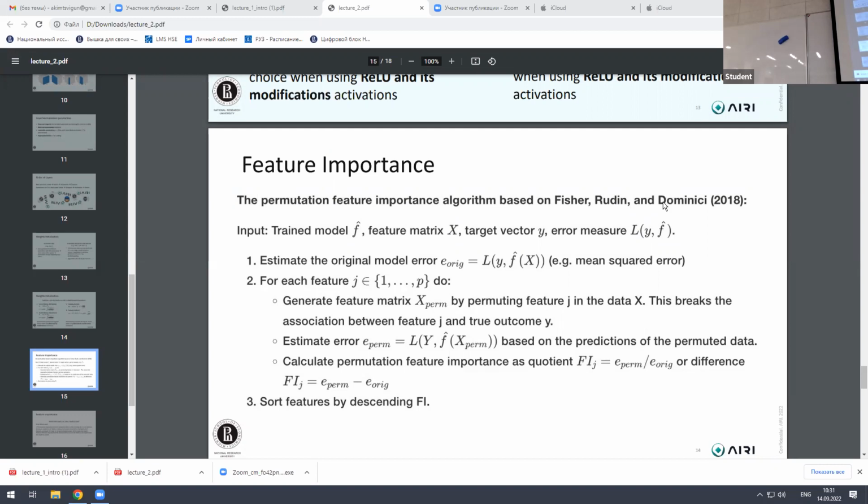Since we're using an error measure and the smaller the values, the better, I'm sorry, vice versa: if this value is positive and large, it means that the feature has a very high importance, since we permuted this feature and our error surged significantly.